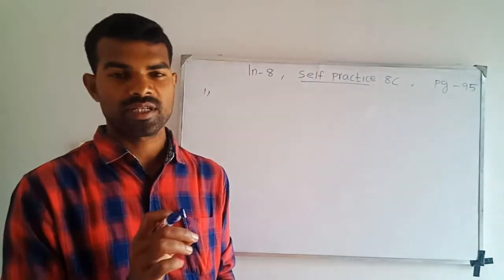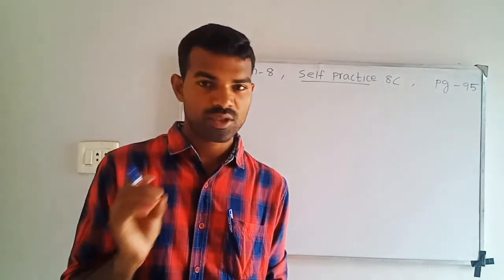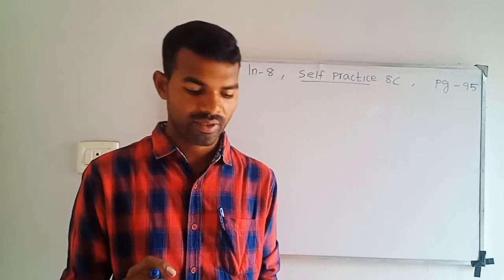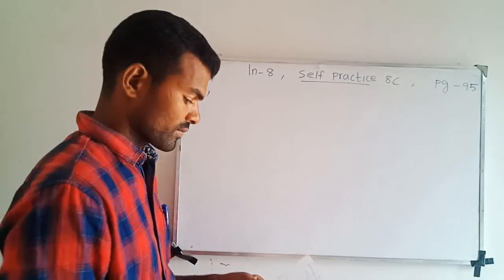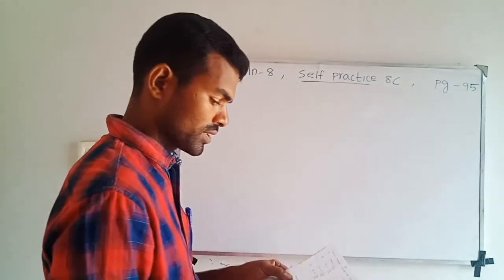Just read the question one more time. You will get some idea. If you understand the question first, then its answer is very easy. Neha took 5 by 9 liters of orange juice to the gym.